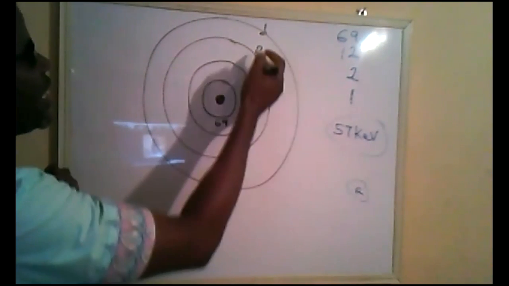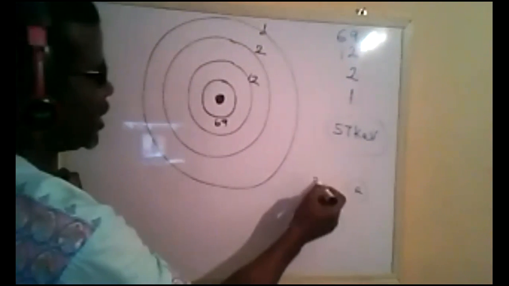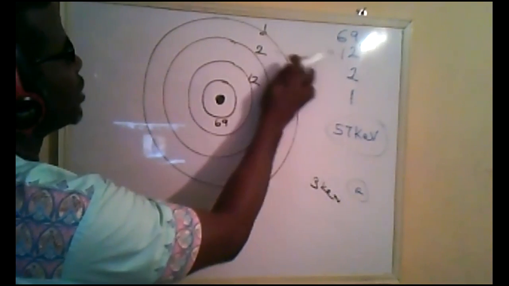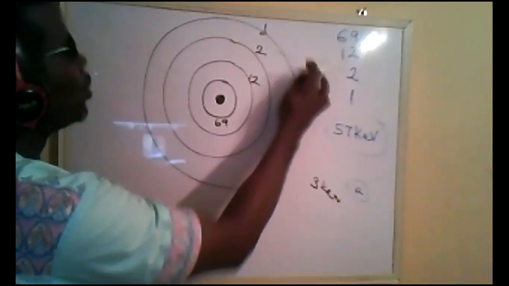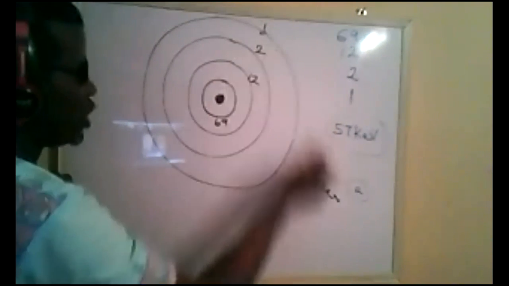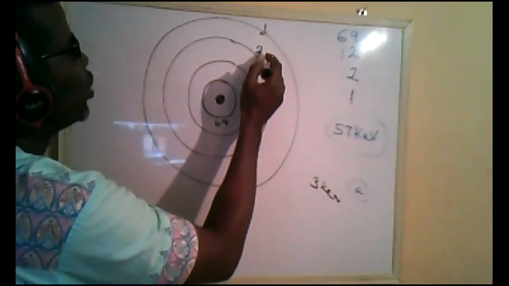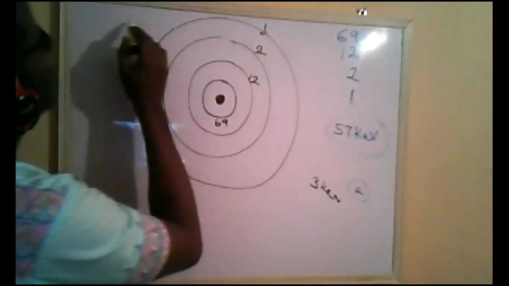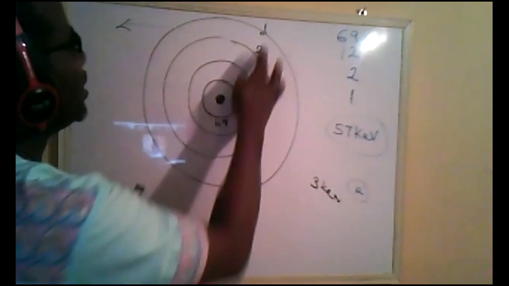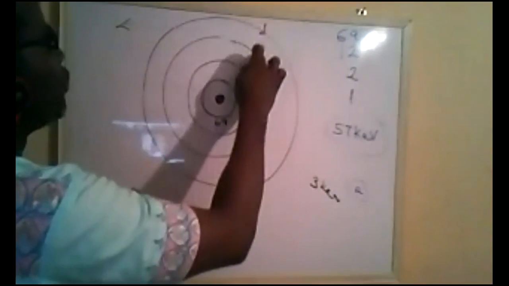But if we have an energy of 3 keV, this one can be knocked out, of course, this one can be knocked out also, but the energy will likely go here because this is the closest to it. It knocks this one out. Then this one falls to fill this.